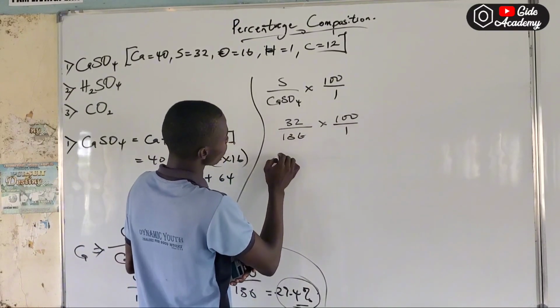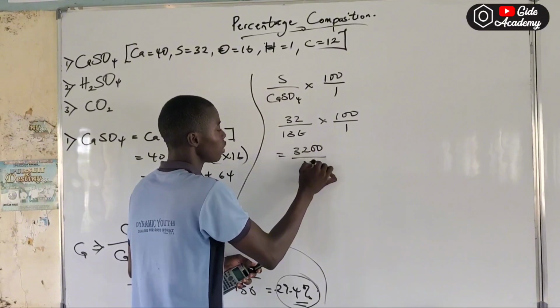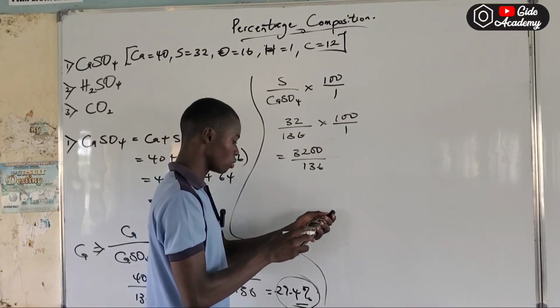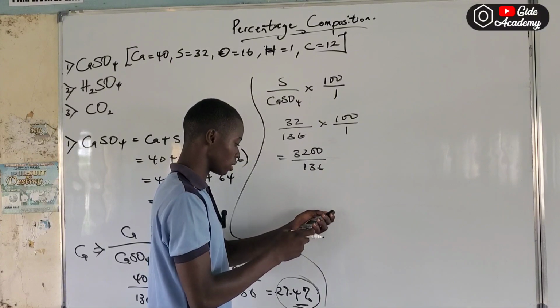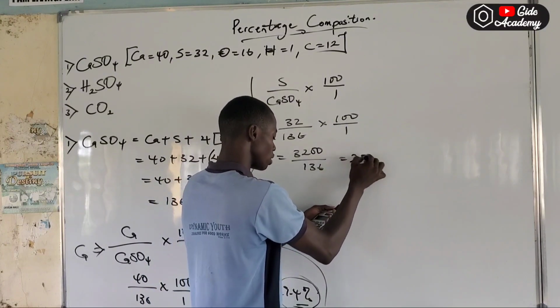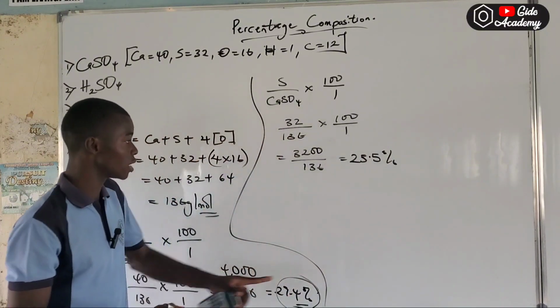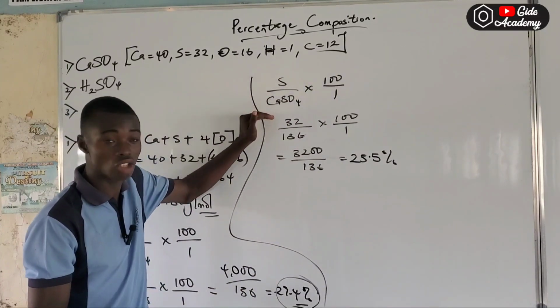If you do this, you are going to have 3200 all over 136. Let me push my calculator. 3200 divided by 136, I have 23.5%. So 23.5% is the percentage of sulfur present in calcium sulfate.